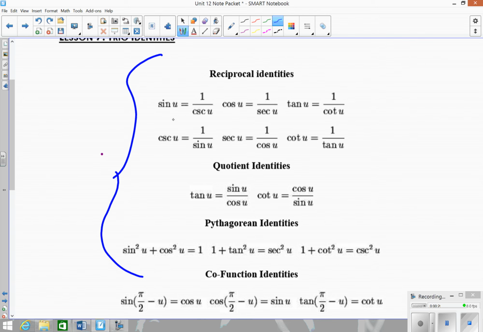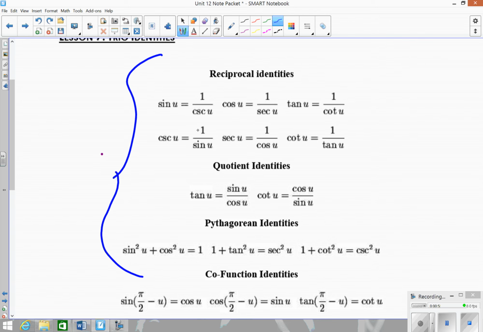When you take a look, sine, cosine, and tangent, the u just stands for an angle. When we're talking about sine, that's the same thing as 1 over cosecant. Cosine is the same thing as 1 over secant, and tan is the same thing as 1 over cotan. So these bottom three trig functions are cosecant, secant, and cotangent.